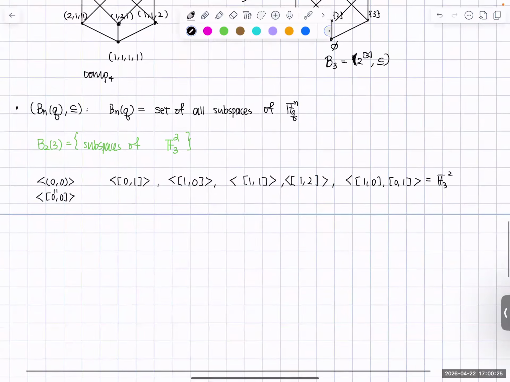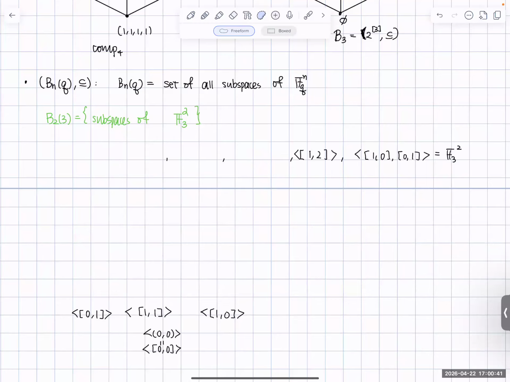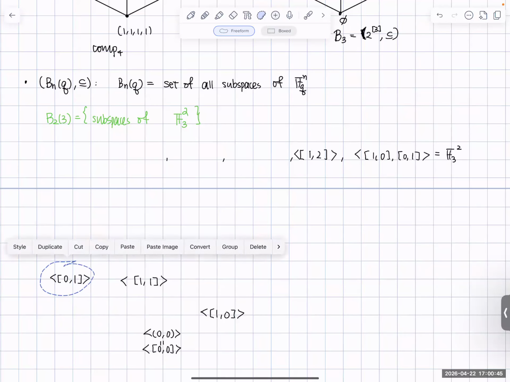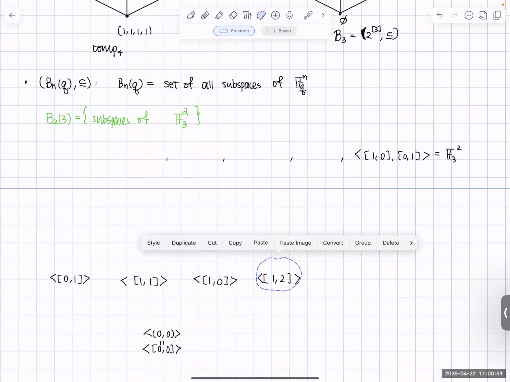And then if you order them, let's really put it like this. So we have this guy here, and then directly below it would be this and this, and this one also. Let's just move it like this. These guys are incomparable because they are not multiples of each other.